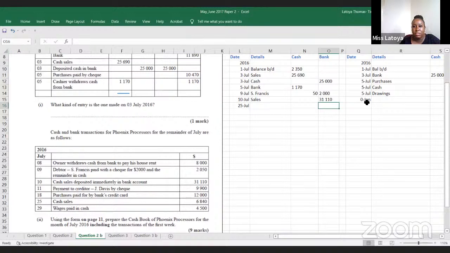Now on the 11th of July, we have payment to creditor, so it's going to be on this side, payment to creditor, and the amount, his name is S.J. Davis.